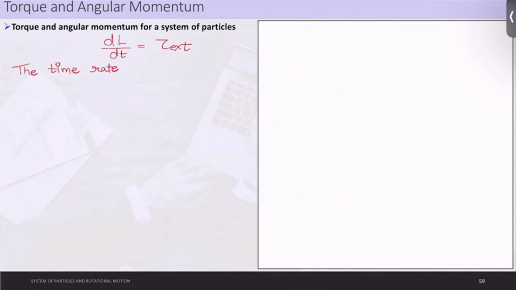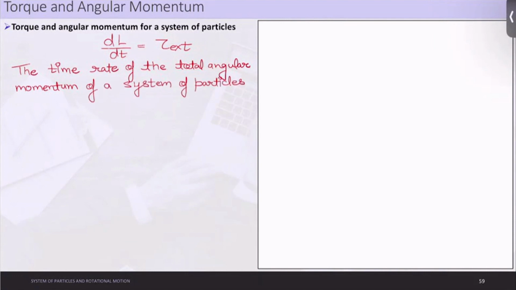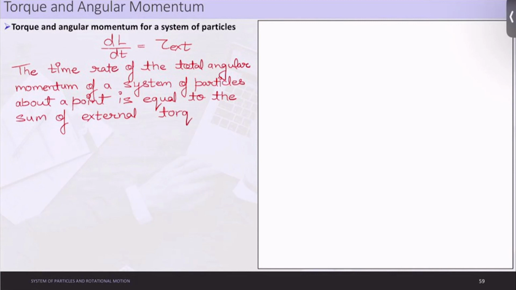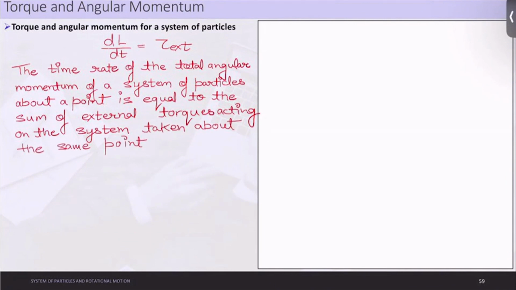The time rate of the total angular momentum of a system of particles about a point is equal to the sum of the external torques acting on the system taken about the same point. So this is the final conclusion here.